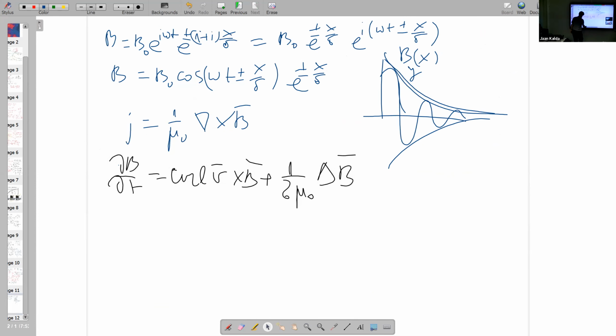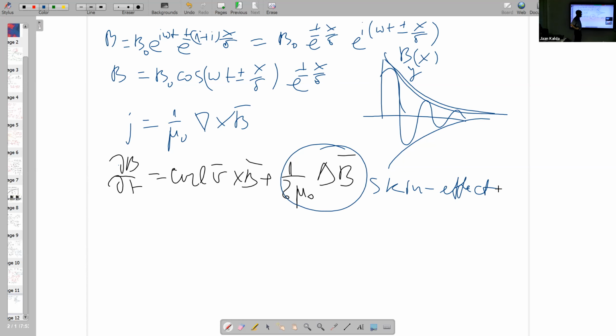So this here is the skin effect, which means that you have basically diffusion. The diffusion coefficient is 1 divided by sigma mu naught.